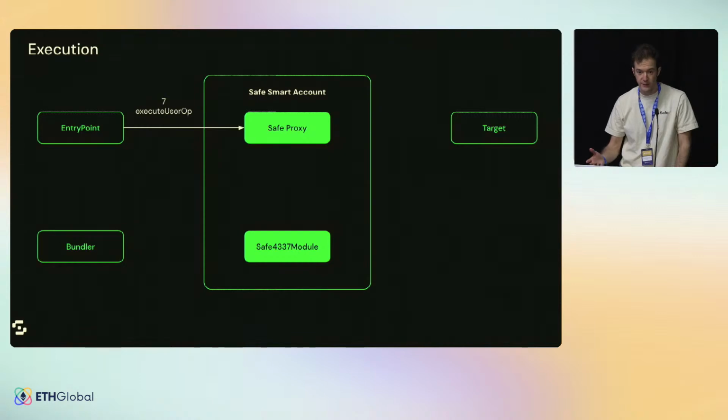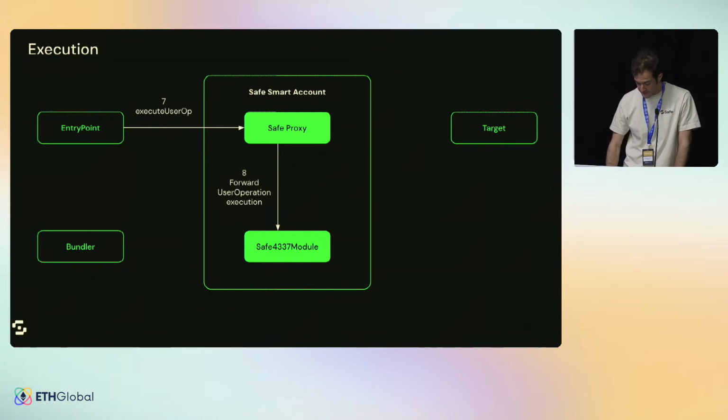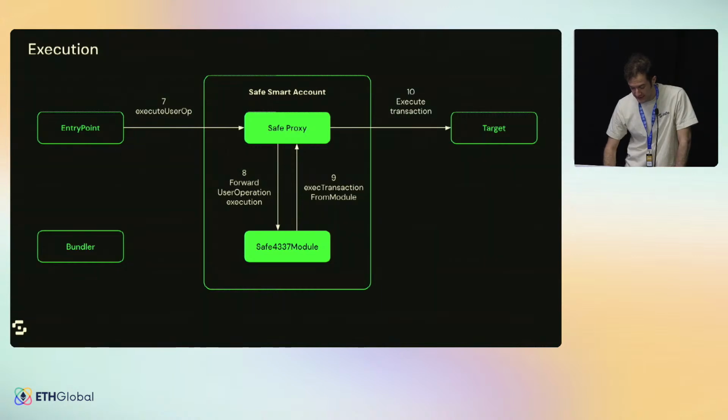Again, this method is not implemented natively in the Safe, so the Safe proxy will forward the call to the Safe 4337 module. And now the module will call the Safe to execute this using the exec transaction from module. And finally, the Safe will actually execute this transaction, whatever it does.